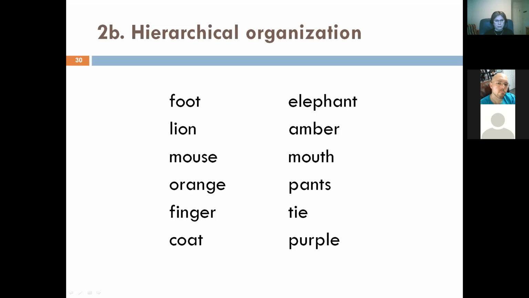So we have foot, finger. Where's the third one? The mouth, right? And the last one will be clothing. So we will have something like coat, pants, and tie. So now instead of having 12 items to remember, we have to remember 4 categories. Much, much easier. But of course, you have to figure this out.